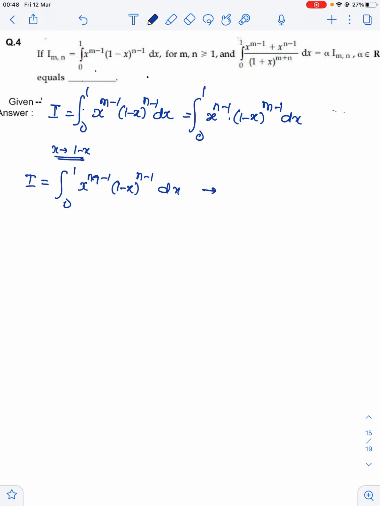Now here, replace x with 1 upon y plus 1. So dx is minus 1 upon (y plus 1) whole squared dy. The limits also change obviously. When x equal to 0, y is infinity. When x equal to 1, y is 0.